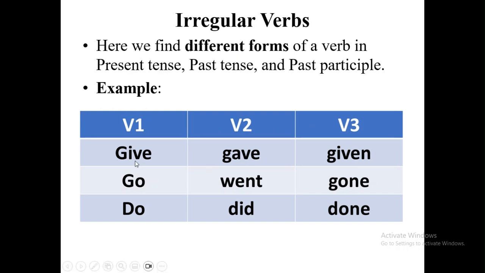For example, give, gave, given; go, went, gone; do, did, done. If you see V1, V2, V3, we find different shapes of the verbs. That's why these verbs are known as irregular verbs.